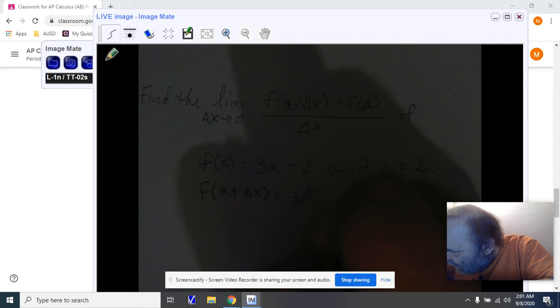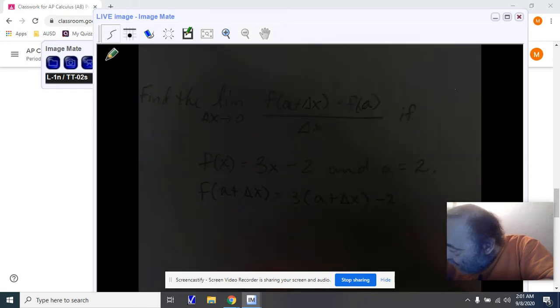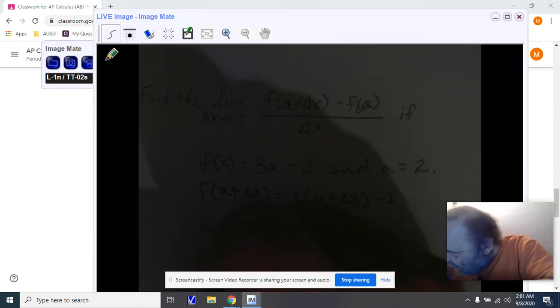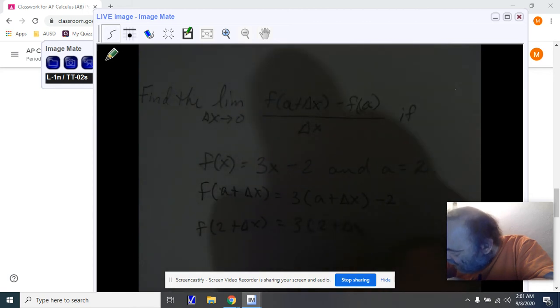You'll notice we get 3 times a plus delta x minus 2. Now, if I know what my a is, I can put that right in there, and I can say f of 2 plus delta x is going to equal 3 times 2 plus delta x minus 2.